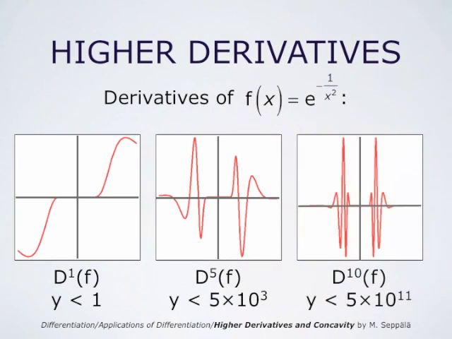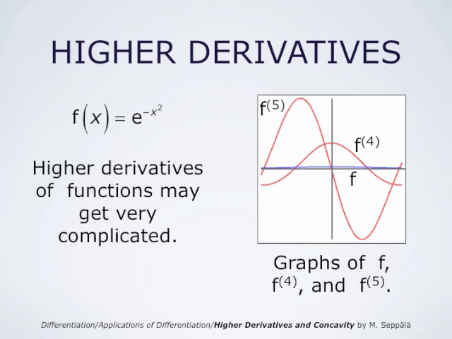And here is the 10th derivative. Y ranges from -5 times 10 to the power 11 to 5 times 10 to the power 11. So something very special is happening. The original function looked like the cross-section of a bowl, smooth and nice, but its derivatives behave wildly. In general, higher derivatives of functions may get very complicated.